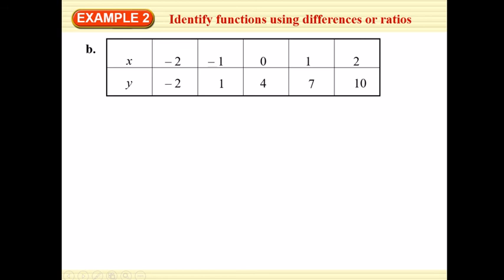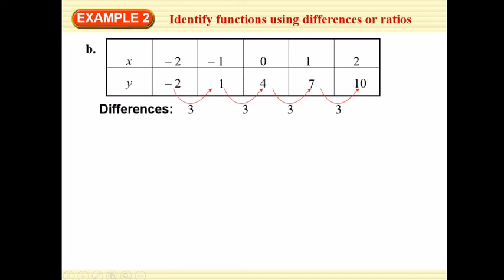Our next example, 2b here, I double check all of my x values. I am increasing by 1, so I can go ahead and go along with this. I look at what's happening and do a set of differences, and they all happen to be the same.